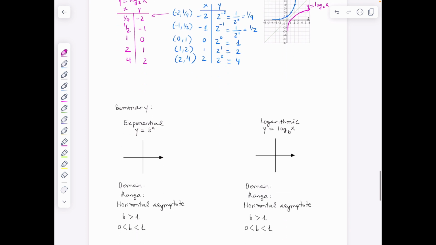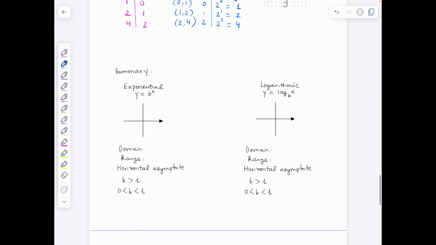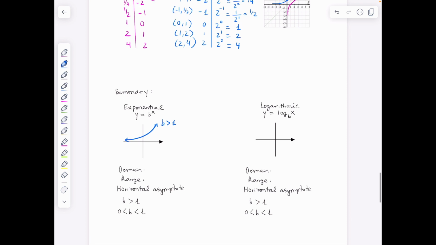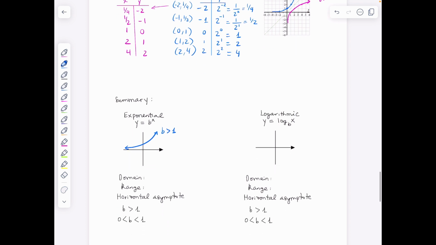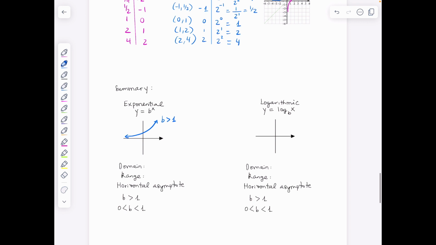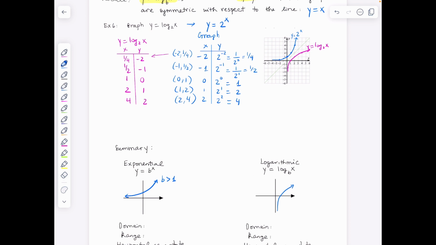So in summary, let's compare the two types of graph. For an exponential function, we'll get this graph if b is greater than 1. As you can see in our example, 2 to the x power has that shape. The logarithmic function would go like this, as you can see in the example that we just did.